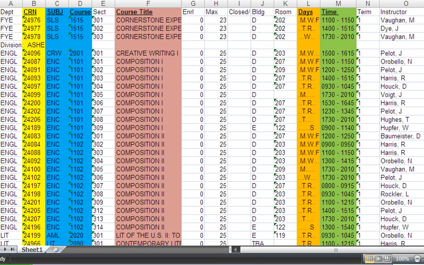This is today's schedule, and I'm sending this one to you because I've highlighted the areas that you really want to pay attention to. These areas are what are going to help you pick your class and also help you fill out the registration form, which you and I can do together.